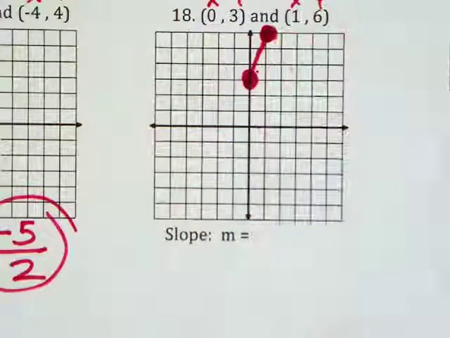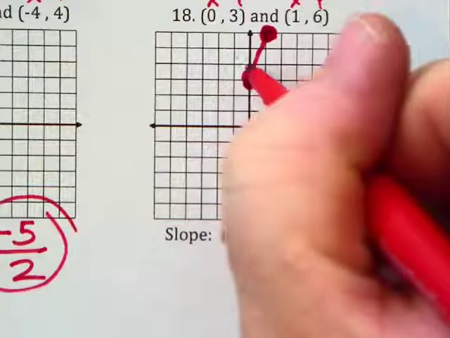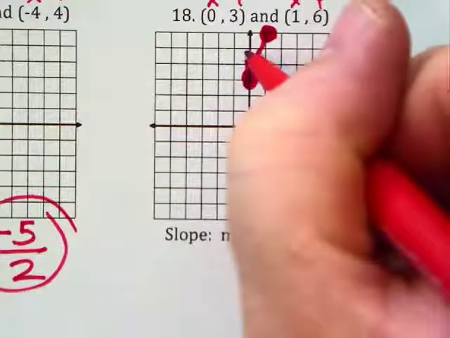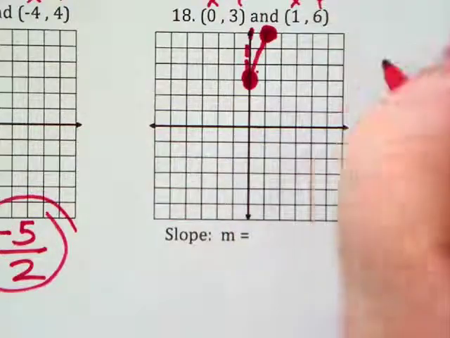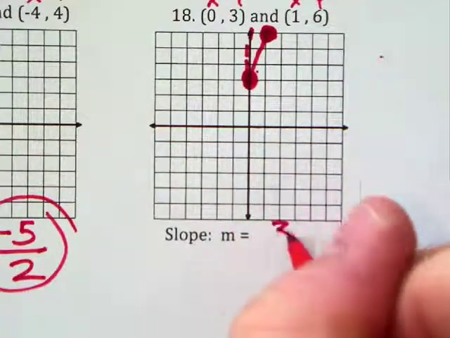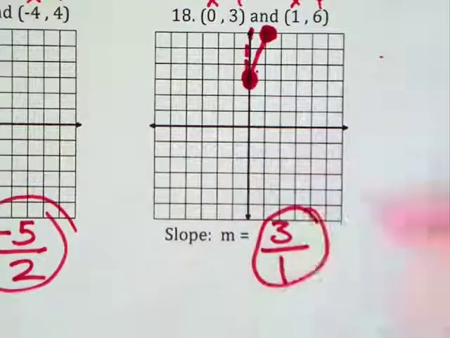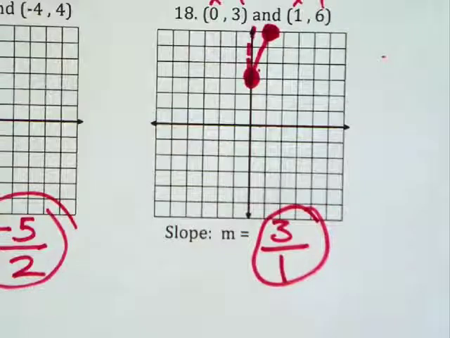And that gives us a point here. And we just have to figure out how far we go up and how far we go over. So we go up 1, 2, 3. So we have our rise is 3 and our run is 1. So 3 over 1 is our slope. And that's how you do the homework on 1.1. I hope it helps.